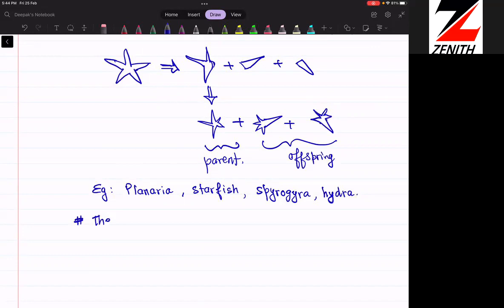In this, the splitting can be intentional or natural. Intentional or forced.